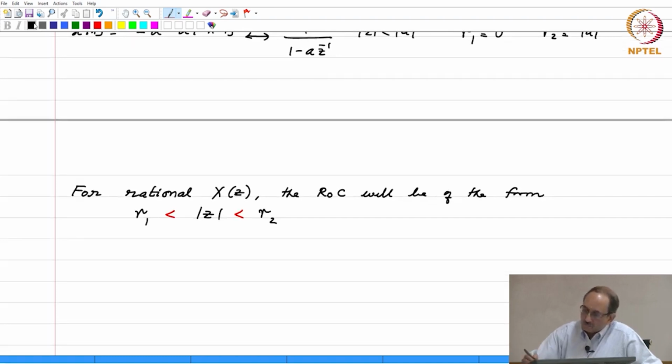And suppose x of n is 1 by mod n plus 1.